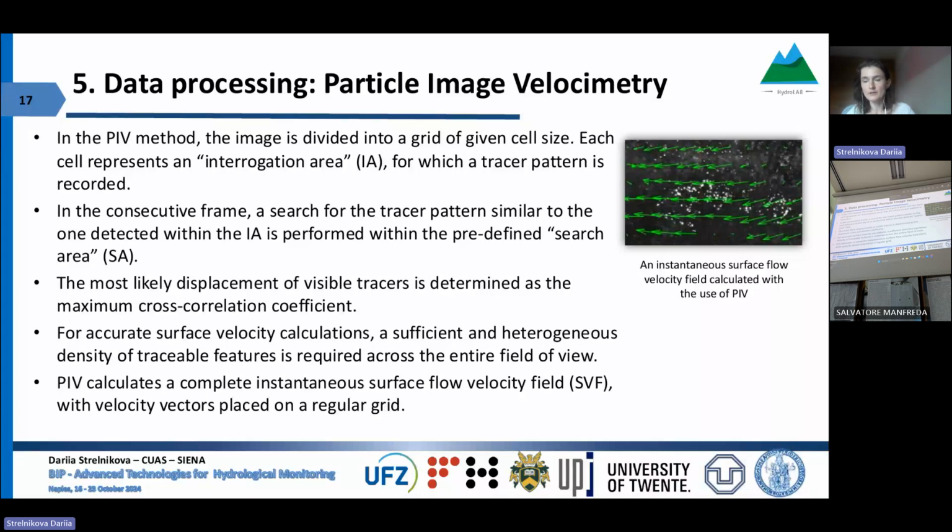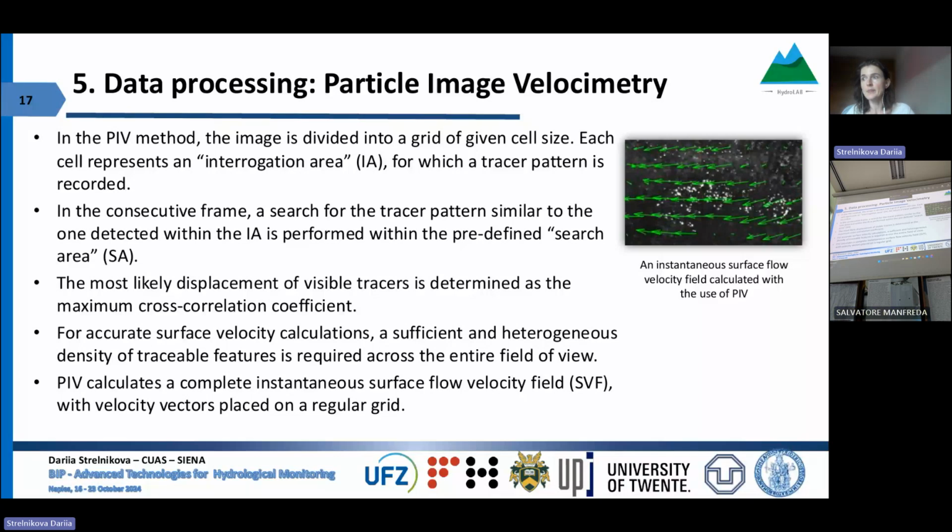And then in the consequent frame, this pattern is being searched for around the original interrogation area in the so-called search area. The cross-correlation coefficients with different possible positions of the new interrogation area location are being calculated, and the maximum cross-correlation coefficient is considered to represent the highest probability of displacement, and on this basis, the vector of displacement is calculated.